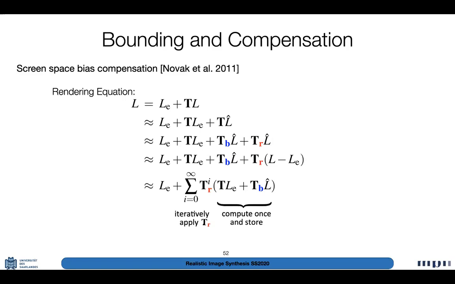If you do this recursively, it can be written as an approximation in the form at the bottom of the equation, where you iteratively apply the transport operator to the direct and indirect illumination components, where the indirect illumination is bounded.